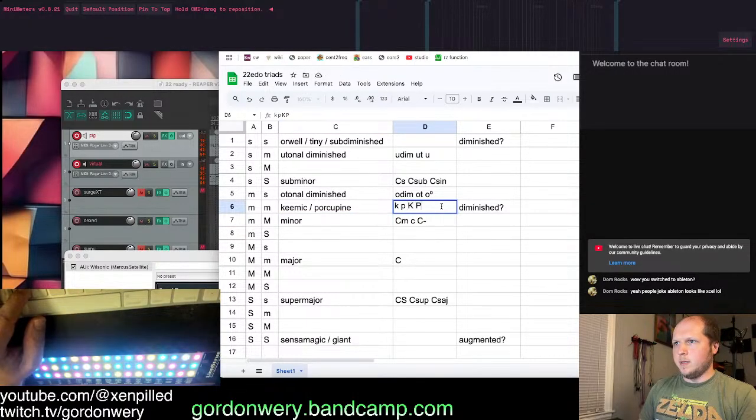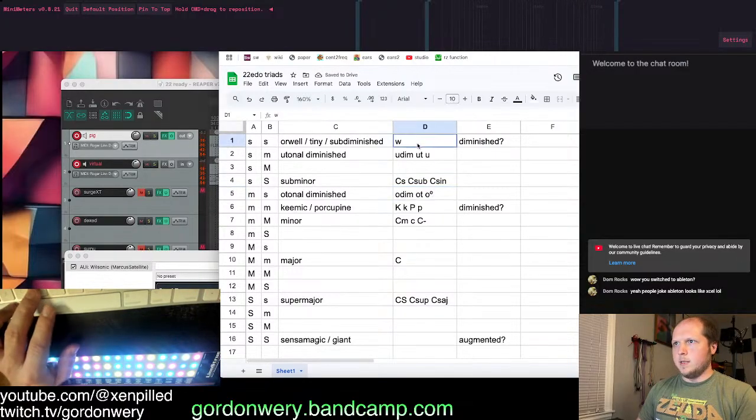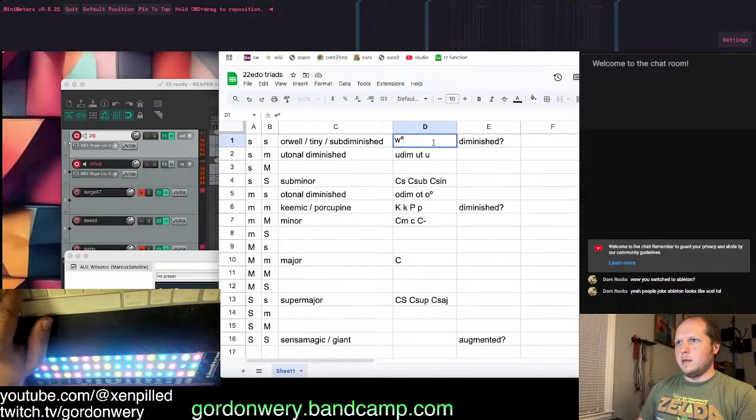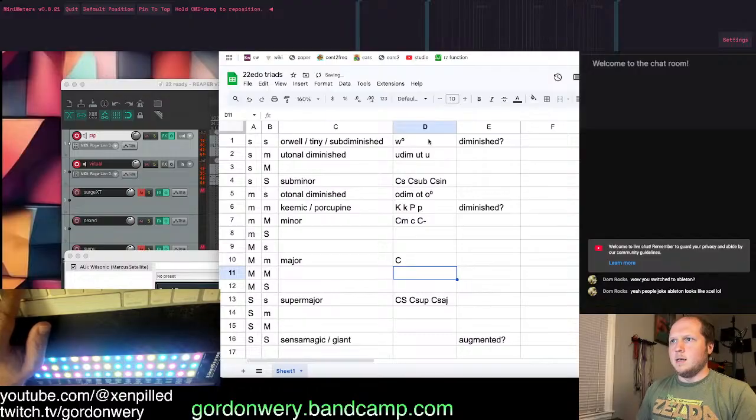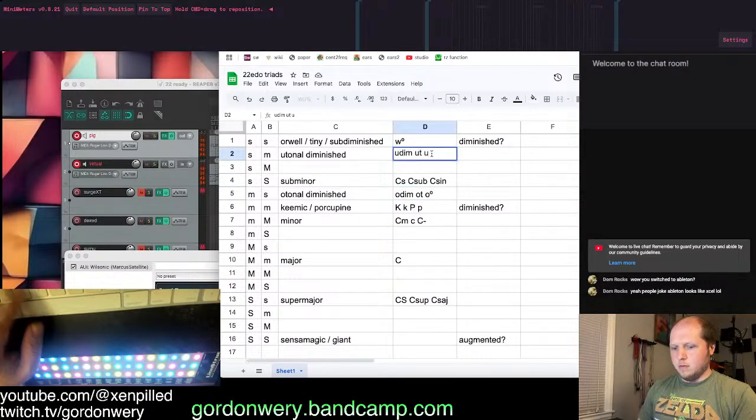Either small or big or whatever. I'm leaning towards K, but it could be P. And then for the Orwell, I'm thinking W. And here I'm going to put a little diminished symbol too, because it's kind of a diminished chord there as well, because 2 subminor thirds. So we basically have 3 kind of diminished chords here.